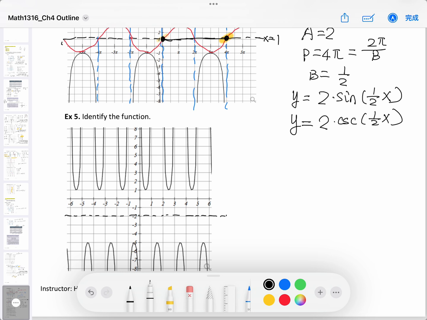And then what are the vertical asymptotes? So let's find vertical asymptotes. I don't want to graph a lot of cycles. Vertical asymptotes. I think that's enough. And then use different color to do the head to head. So from this image, I can tell this is a sine function.